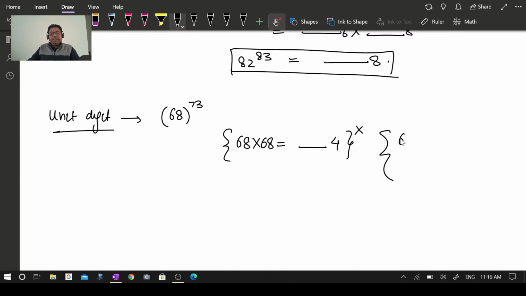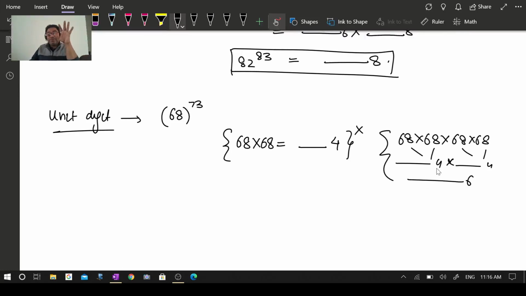So without any hesitation, you can directly write 68 into 68 into 68 into 68. Just check out: 8 8s are 64, 4 4s are 16, which ends with 6. I'm just talking about the unit digit. So I can easily write that 68 to the power 4 gives you 6 in the unit place.